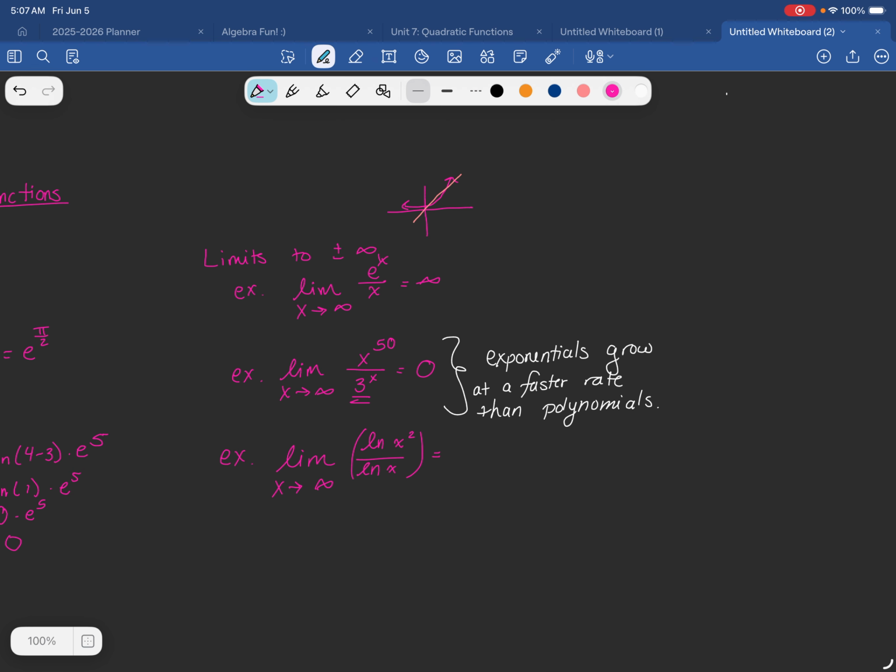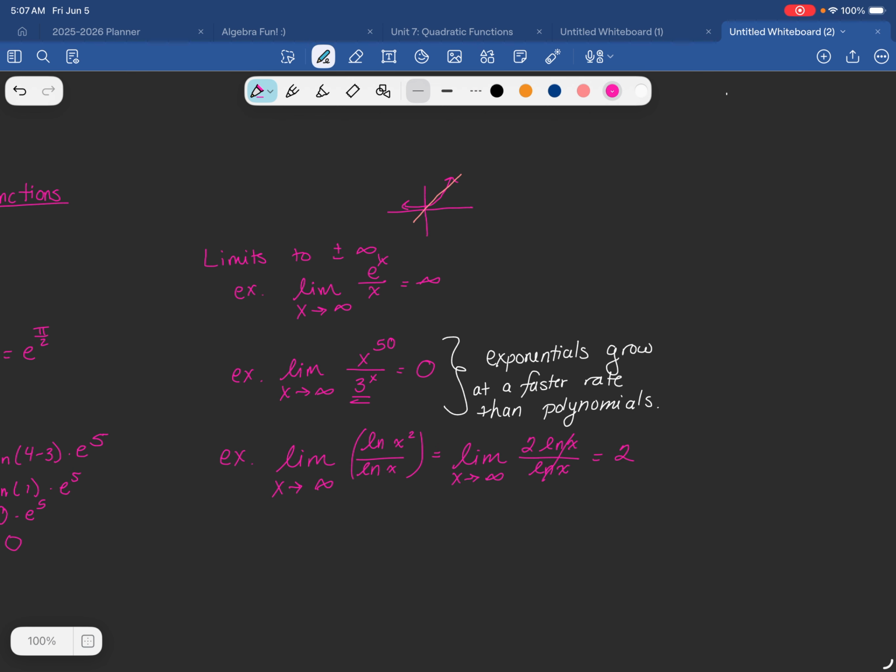So I'm going to go ahead and rewrite this. I haven't substituted anything in yet, so I have to rewrite my limit. And I'm going to rewrite my numerator as 2 natural log of x all over the natural log of x. Notice now I can cancel out the natural log of x, and I get 2.